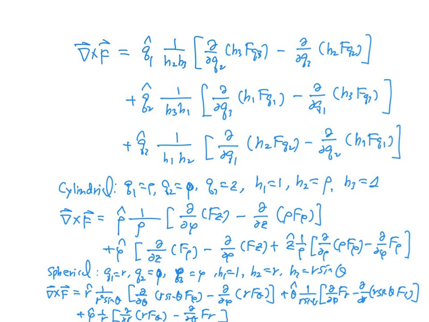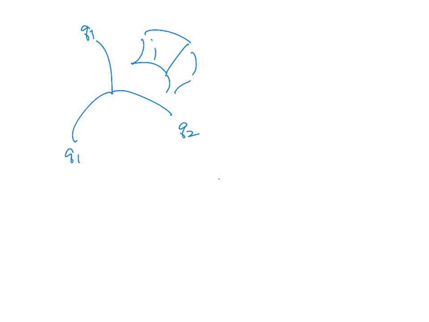So you have a generalized curvilinear cube. So let's just have two components.